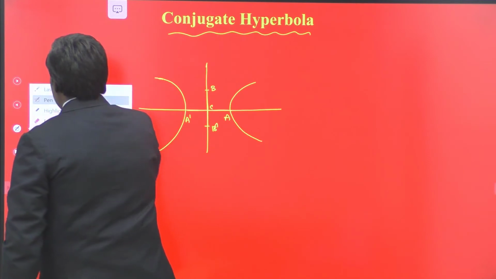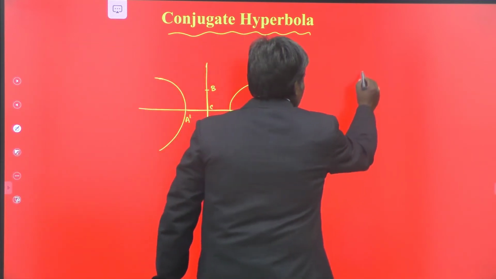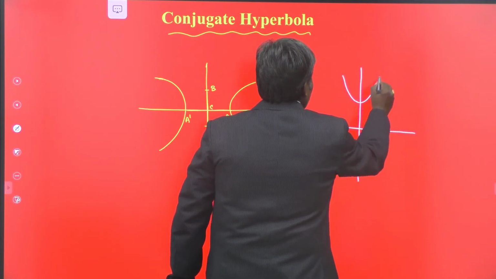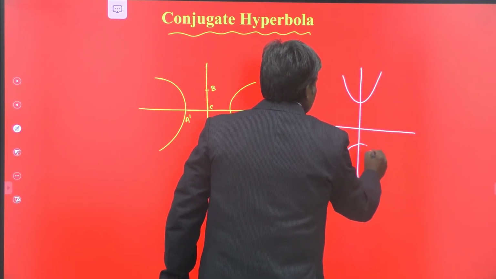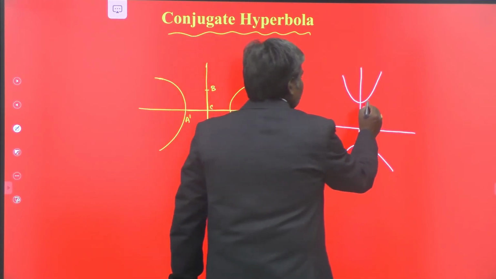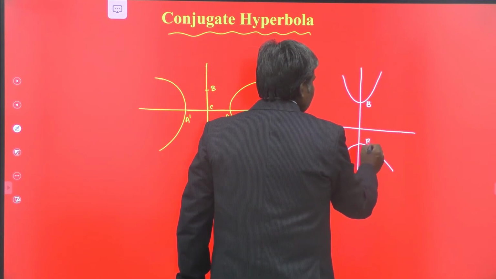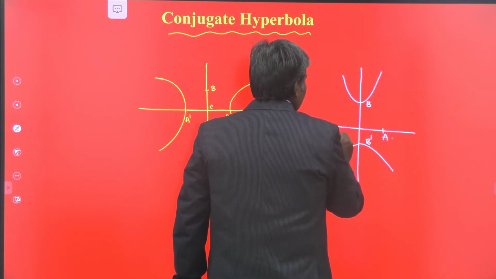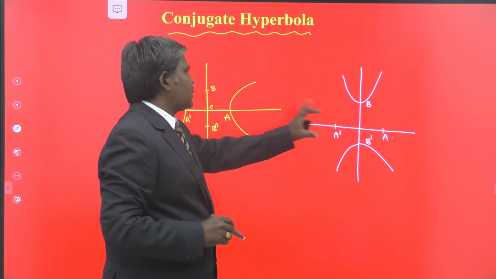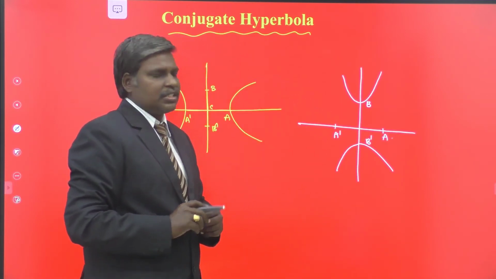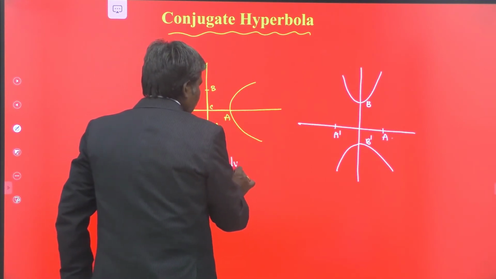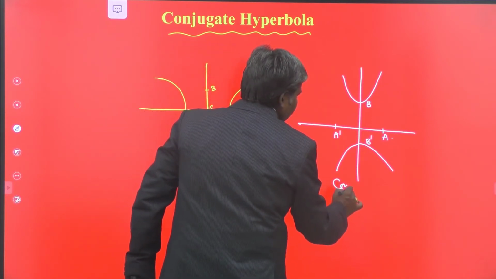So the conjugate hyperbola is in this manner. Now this is B, this is B dash, this is A, this is your A dash. If this is your hyperbola, this is your conjugate hyperbola.